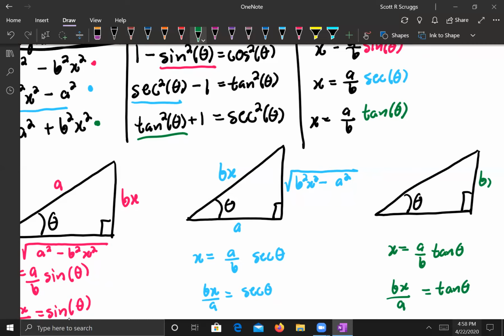So my opposite side will be b times x. My adjacent side will be a, and my hypotenuse, using the Pythagorean theorem, will be the square root of a squared plus b squared times x squared, which is what was contained in my integral that forced me to use tangent for my trig sub.